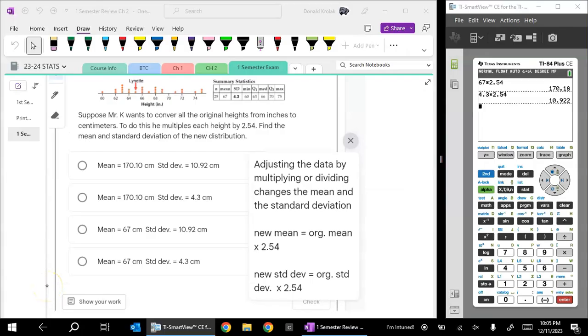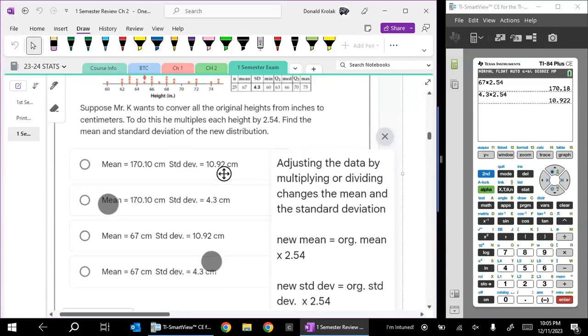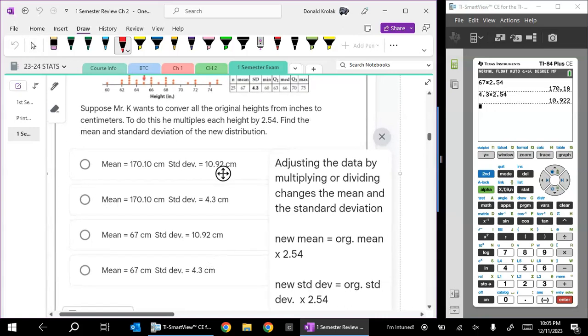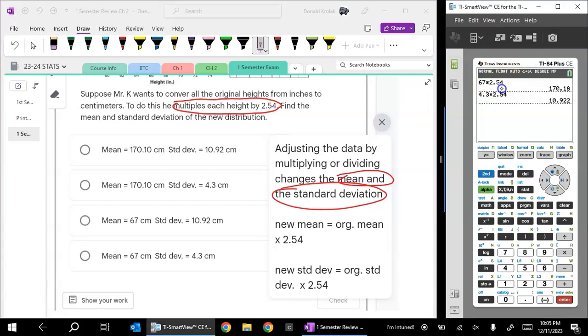Okay, suppose I want to take all these heights and change them from inches into centimeters. So to do that, I'd have to multiply each number up there, each dot, by 2.54, its value. Right? When you multiply or divide all the data, it changes the mean and the standard deviation. So to get the new mean, I'm going to take 67 and multiply it by 2.54, and I get 170.18.